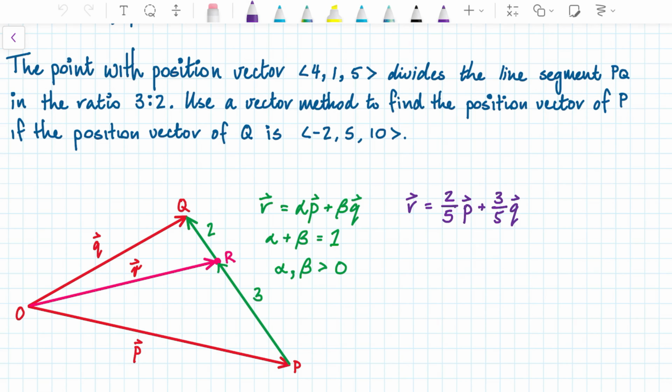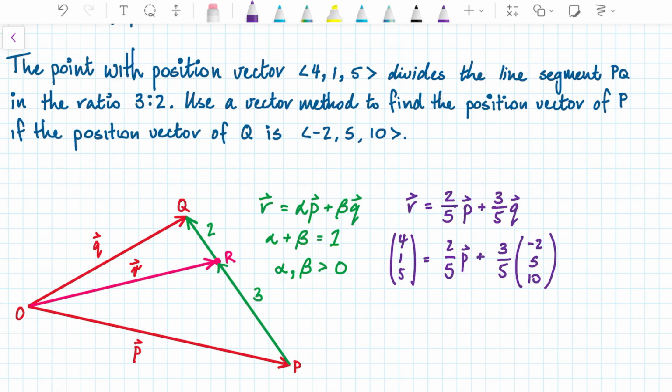Now what we're going to do is substitute the known values from the question into this linear combination of vectors. We're given the position vector R and we're given the position vector of Q, so we substitute those two into the formula. So we have (4, 1, 5) is equal to 2/5 P plus 3/5 times Q, which we're told is (-2, 5, 10).